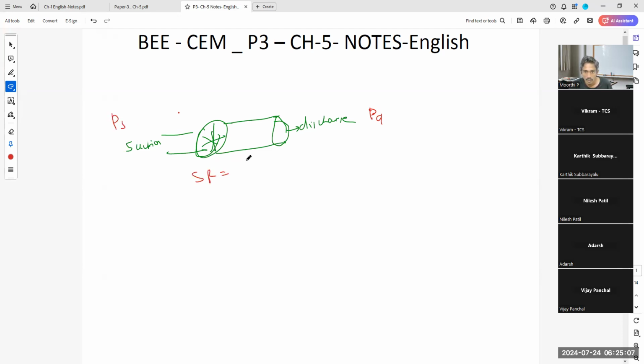Specific ratio equal to discharge pressure divided by suction pressure. Here suction pressure means natural pressure. The discharge pressure will increase now, so it is always greater than 1. Understand? This point understood now? This is the specific ratio.